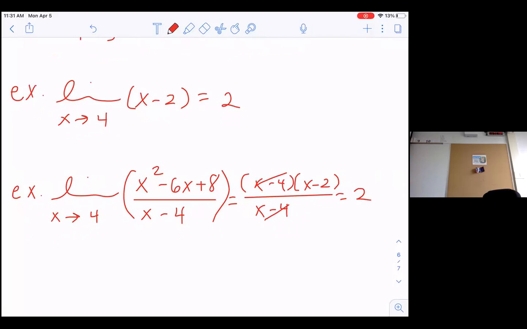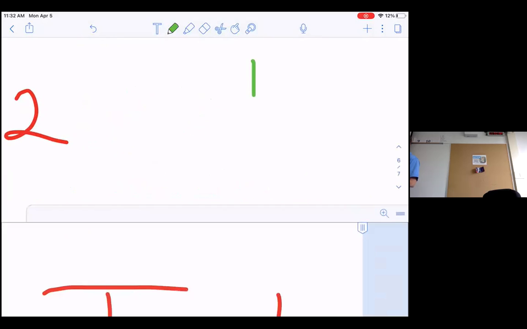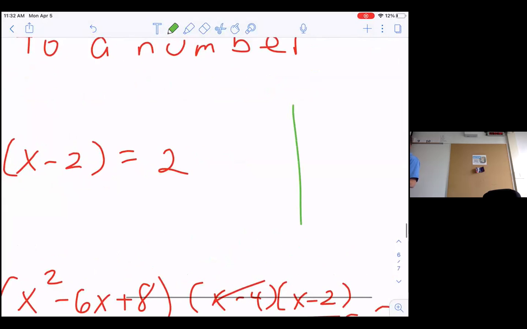Because now you're going to have to think a little bit, just so I can explain it. The algebra of it is pretty straightforward. Here's what's happening, okay? Think about the graph of x minus 2. That's just a line with a slope of 1 and a y-intercept of negative 2. It just looks like that.